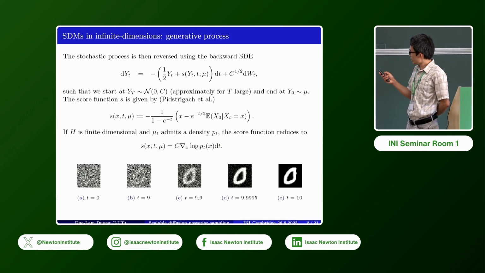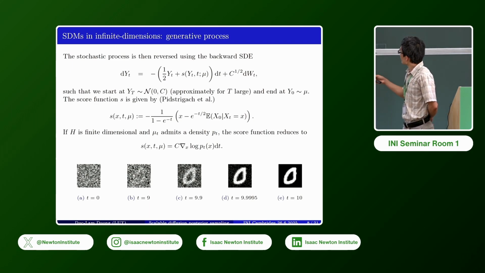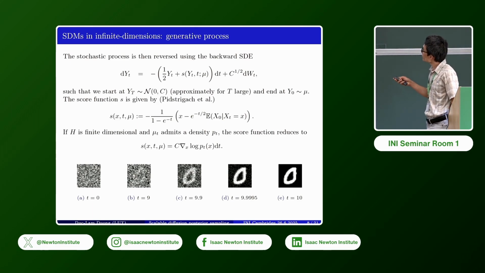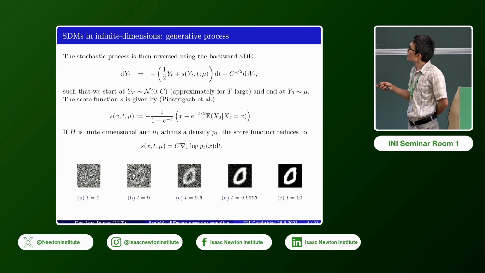For the backward process, you need to define the drift here. We denote it by S, and this S is a score function which can be defined by this formula, following the work by Pidstrigach and others.